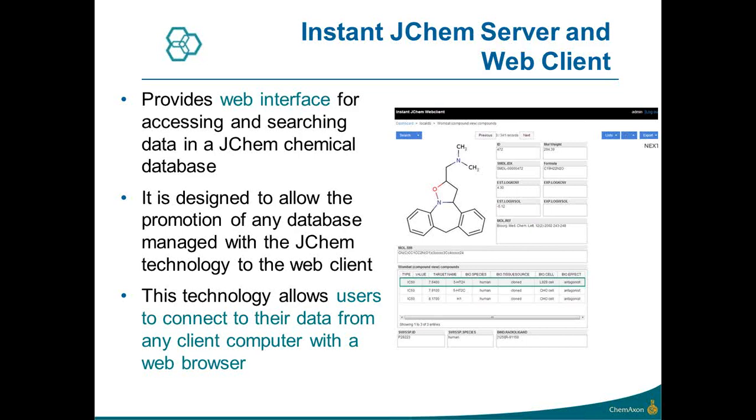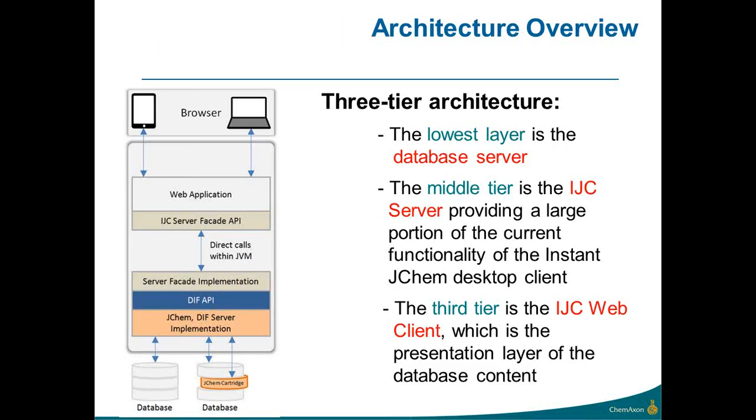Very quickly about Instant JChem server and web client, what that new tool brings to the table and how it can help you look at your data more quickly and live, without the hassle of having Instant JChem desktop installed on your machine. This new technology provides a web interface to access the data, and you can connect to the data from any client computer which has a web browser.